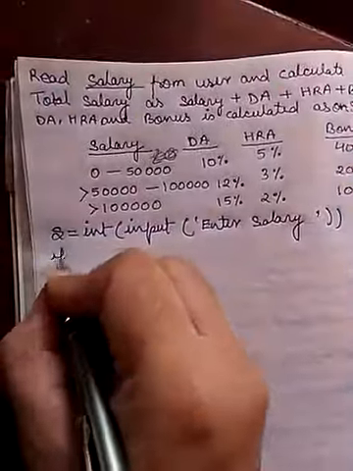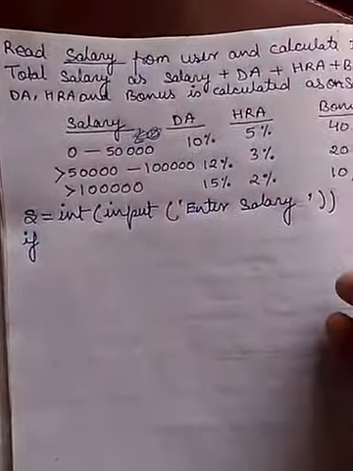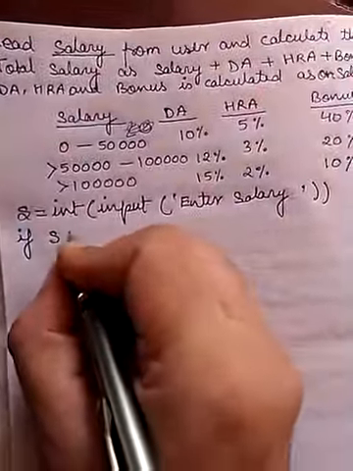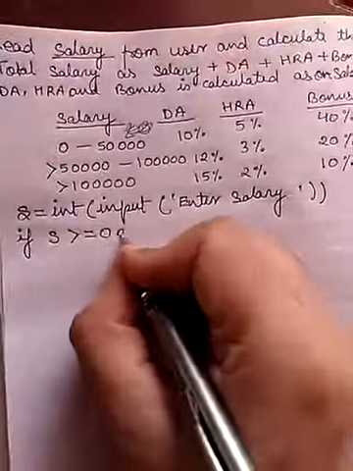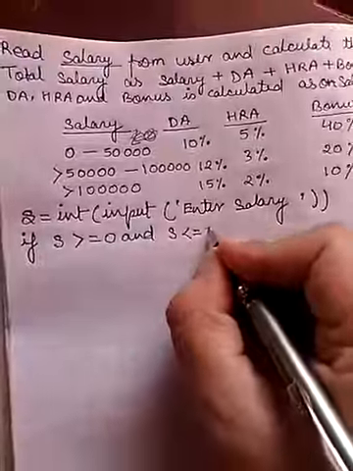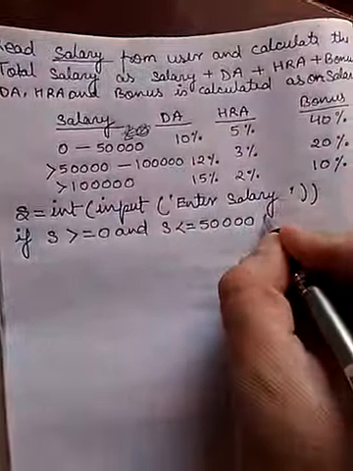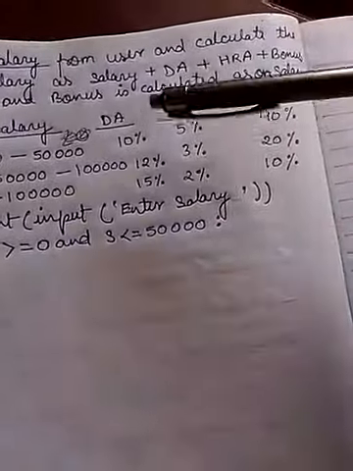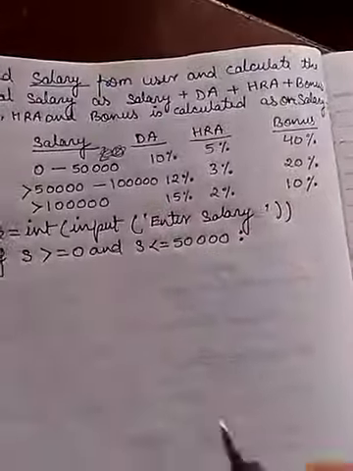Now we have to perform the work on the basis of condition. So I am writing the condition over here. If salary is greater than equal to 0 and salary is less than equal to 50,000 colon. Now we have to perform three works over here. We have to calculate the DA, HRA and bonus.